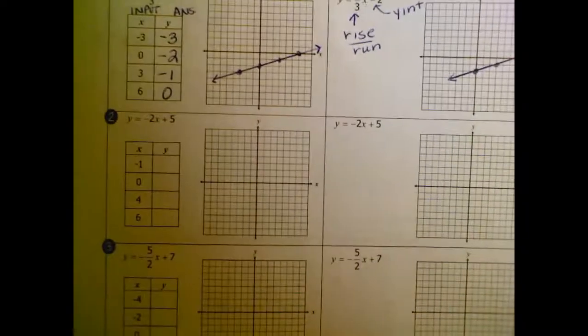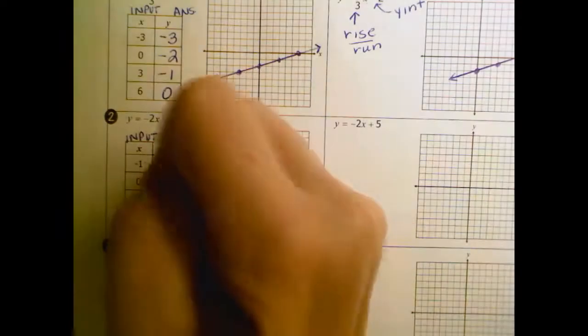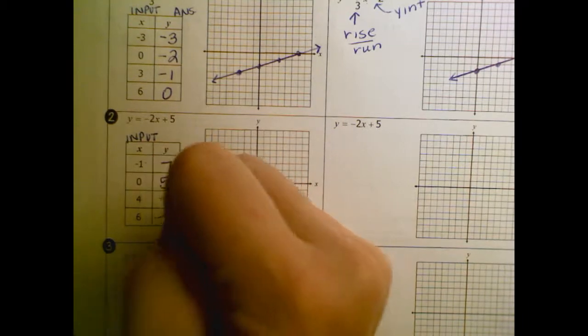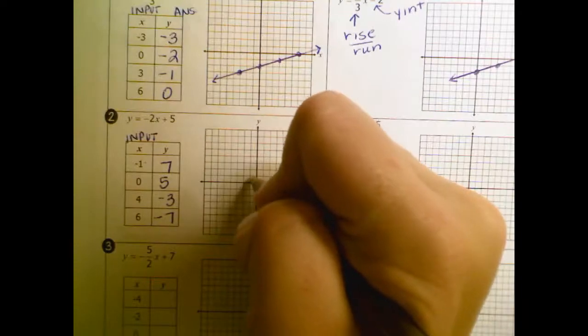Going on to number 2, input x into my equation. So -2 times 1 plus 5 gives me 7. Input 0, I get 5. Input 4, I get -3. Input 6, I get -7. I'm going to go ahead and graph these. So -1, 7, go to the left one, up 7.